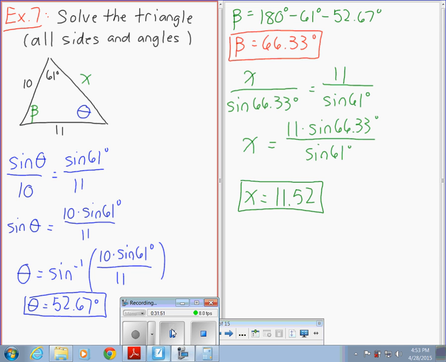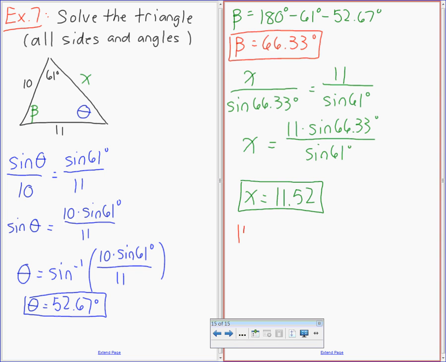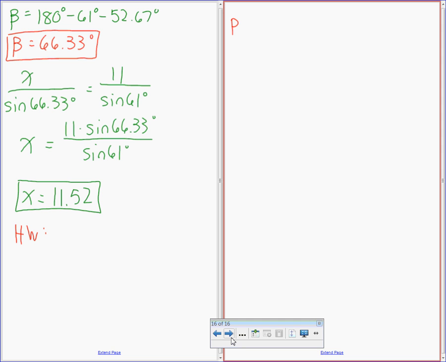So I'm going to put the homework up right now. Here we go. Okay, I got that homework for you. Actually, I'll go to the next board. Pythagorean theorem is page 548, number 3.